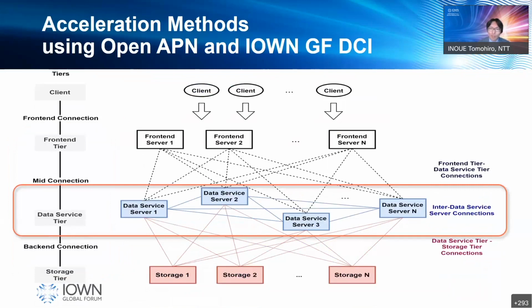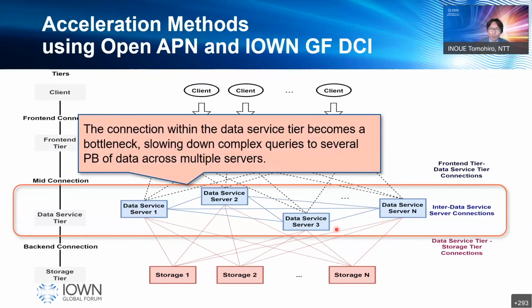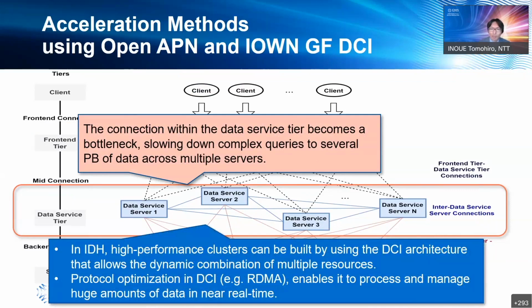Next, the connection within the data service tier becomes a bottleneck. That's slowing down complex queries to several petabytes of data across multiple servers. In IDH, high-performance cluster can be built by using the DCI architecture that allows the dynamic combination of multiple resources.